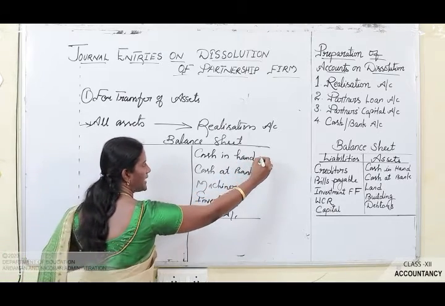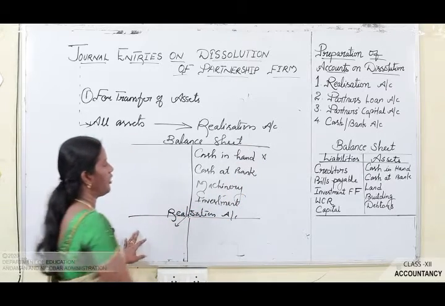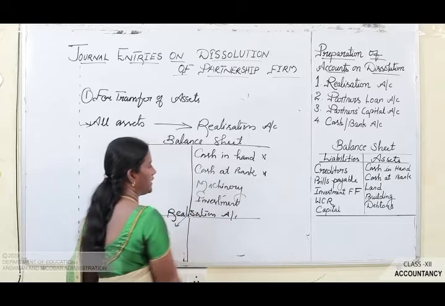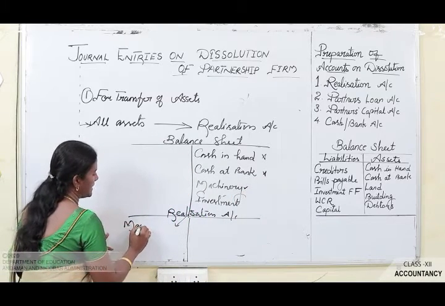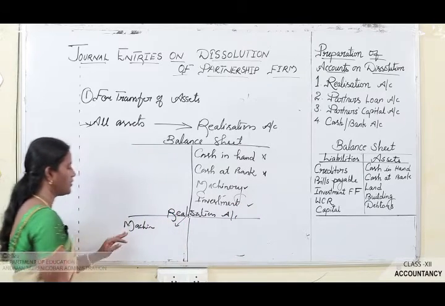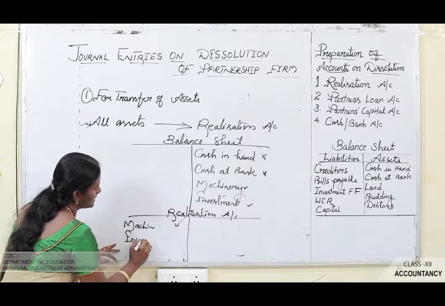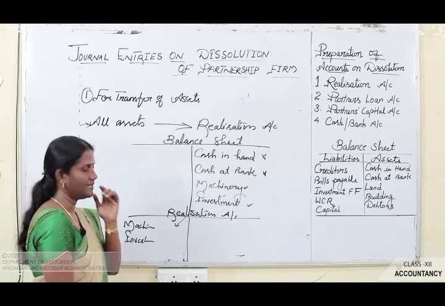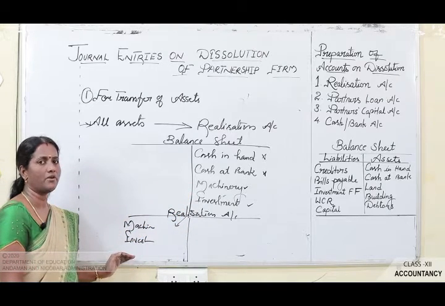So now can you transfer this cash? No, because it is already in liquid form. Cash at bank? No, already in liquid form. Machinery, it will be transferred to the debit side. The same way investment, yes, investment will also be transferred to the debit of realization account. So like this you have to transfer the asset side items to the realization account debit side.